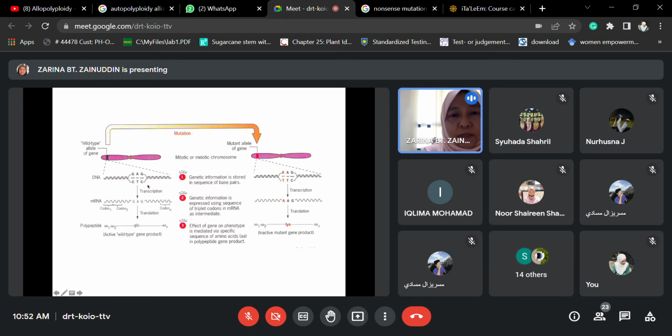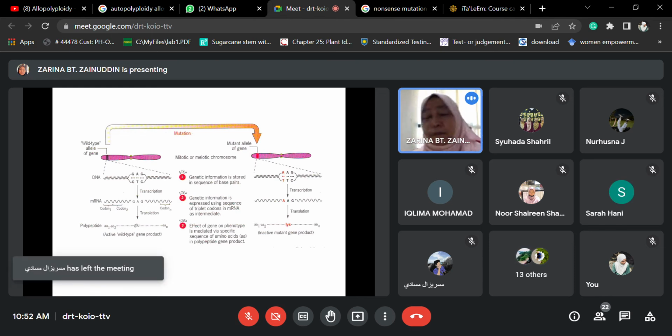Okay, so then it is transcribed. Okay, so dia akan hasilkan mRNA, and then you get the polypeptide. Okay, but if there is a mutation, okay, so then you perasan bila mutation, okay, it can be induced or it can happen naturally.